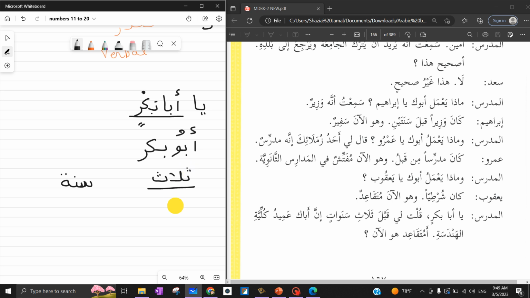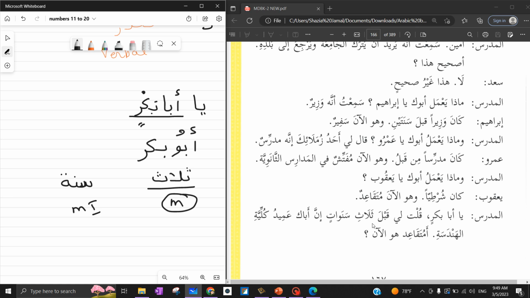And what are the rules of 3 to 10? Since they are in mudaf and mudaf ilayhi structure, the mudaf can take any haraka in any case. So what is the case here? We check the thing before, the amil. The amil is the thing that has brought the change on the noun. What is the amil here? Qabla, the zarf. Because of this zarf, what happened?